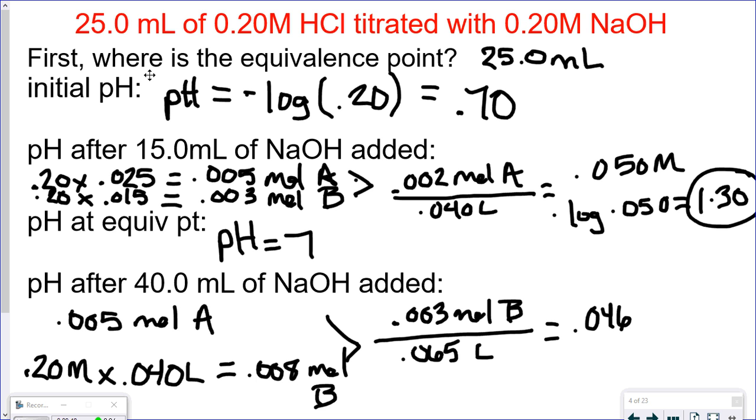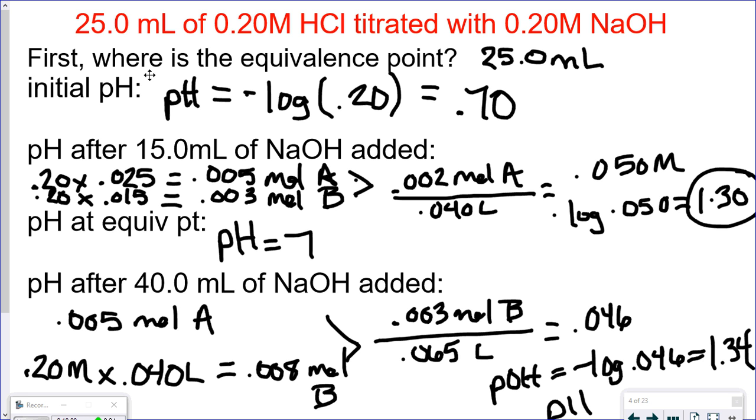Now we can plug this in, but remember this will plug in to pOH because it is moles of base, not moles of acid. So negative log of 0.046 is going to be equal to 1.34, excuse me. And remember, pH and pOH add up to equal 14.